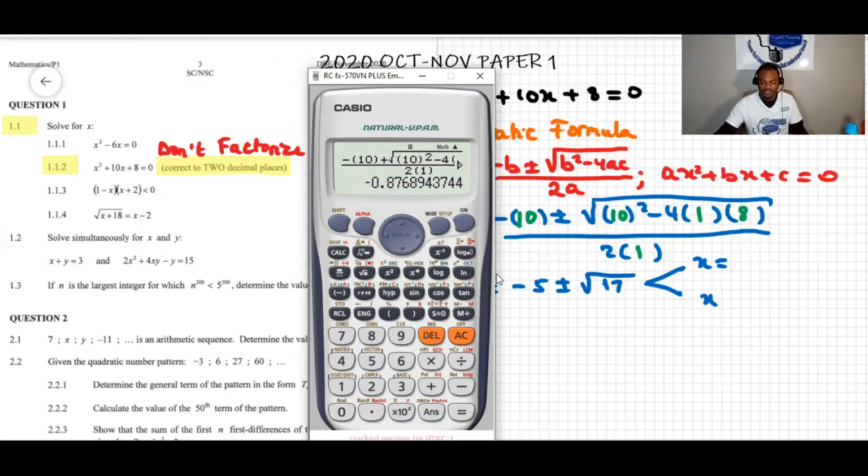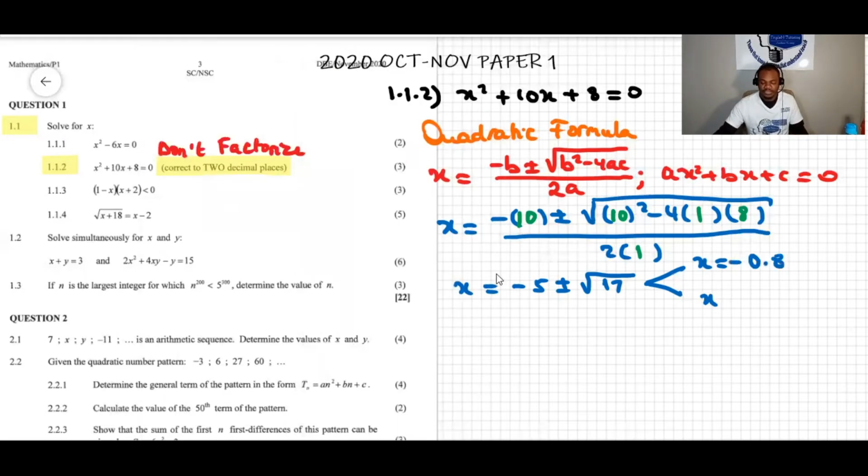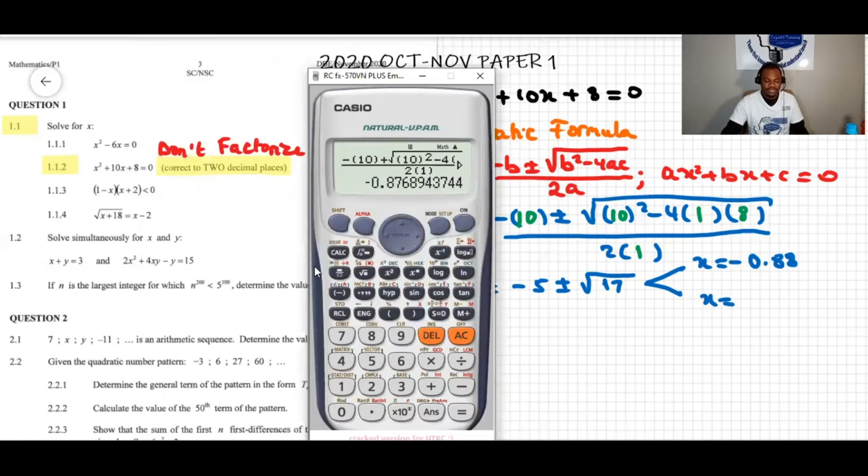So this will be -0.88. Now over here, because that was for the plus, we're going to put the minus, the negative sign. I'm just going backward there to minus, and then we press equal, and then we press the SD button here, and this tells us it's -9 point something.